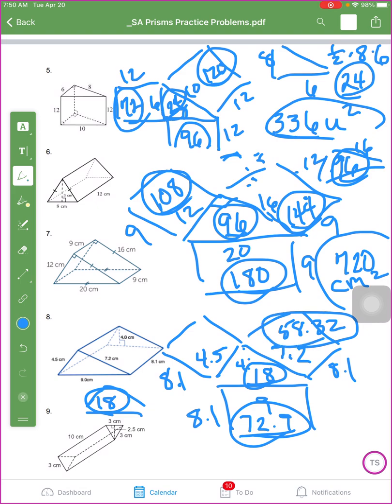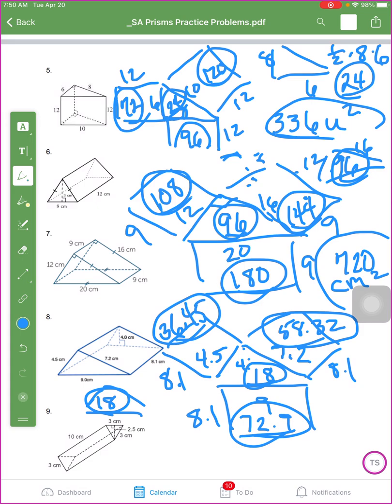And then we have 8.1 times 4.5. That's going to give us 36.45. So now I'm going to add up all those sides. So I've got 36.45 plus 58.32 plus 72.9 plus 18 plus the other triangle is 18.